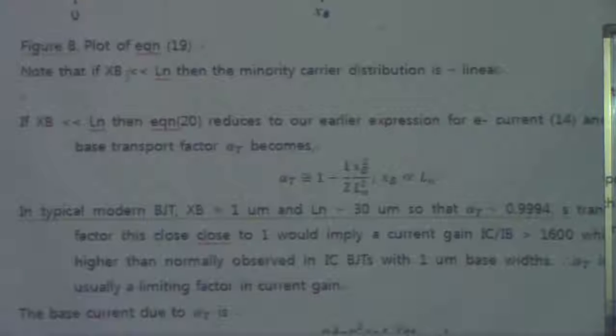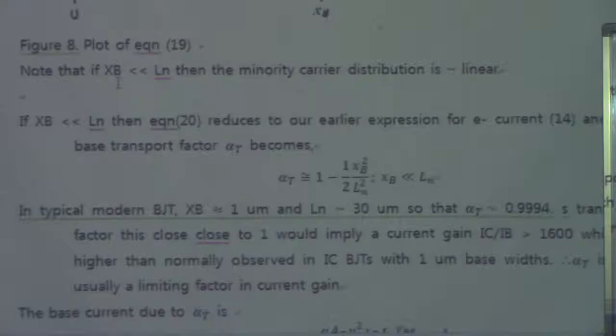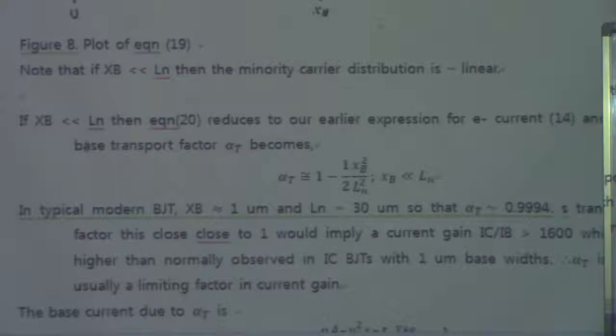And if XB, the base width, is much less than the diffusion length of minority carriers, we can say that it's linear, and then the transport factor simplifies to these values.